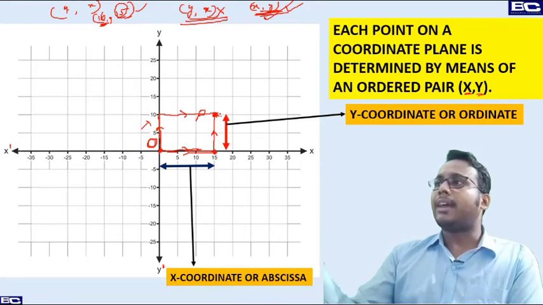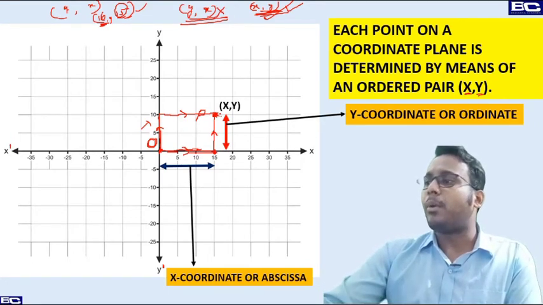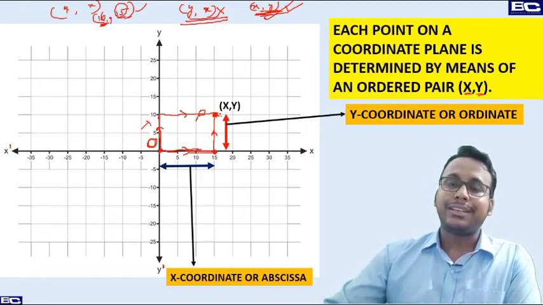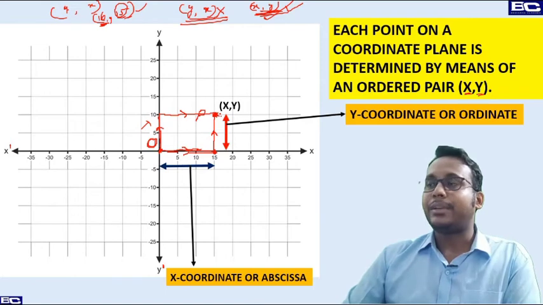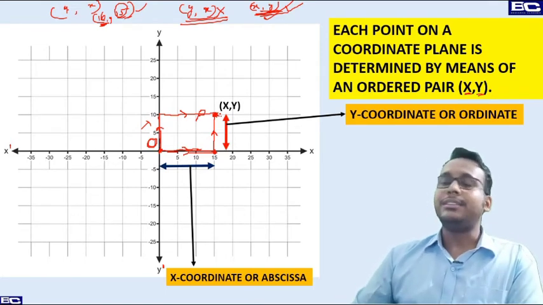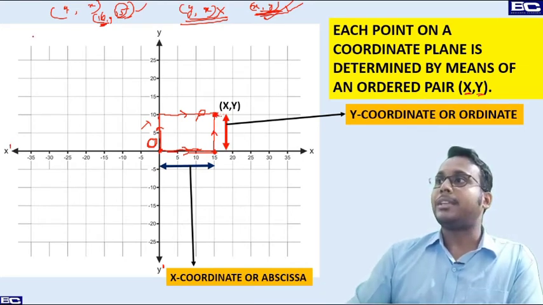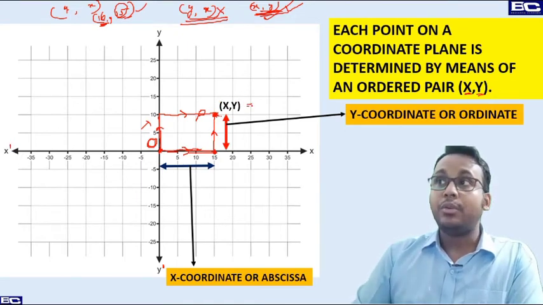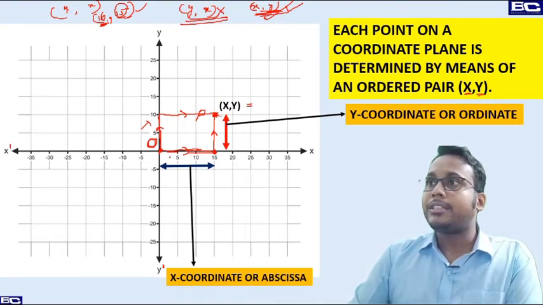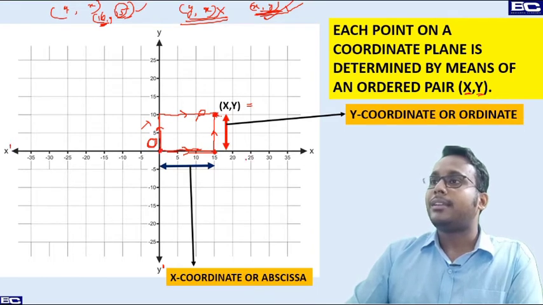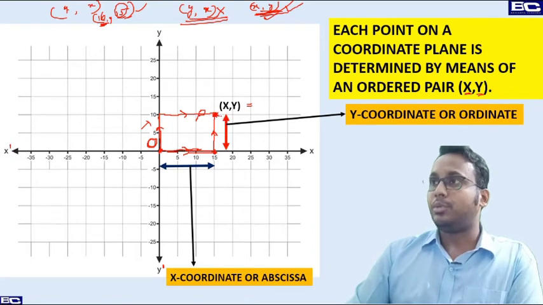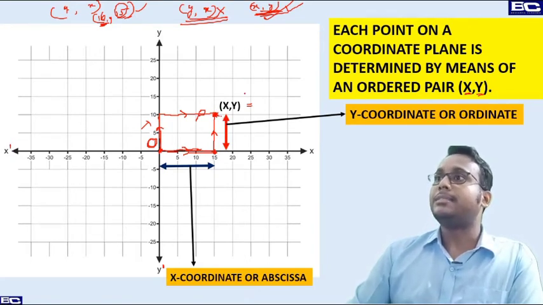Now you understood that part. Now this particular point is represented as what? xy. We have already discussed that x is the x coordinate and y is the y coordinate. That is the coordinate of the point. So you can say the coordinate of the point P is (x, y). How much distance have you covered on the x-axis to reach P? It is 15 centimeter.